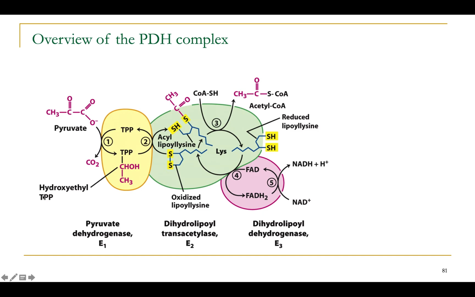And hydroxyethyl, when transferred from thiamine pyrophosphate to oxidized lipoyllysine, reduces it to its reduced state, reducing the disulfide bond and forming one of the thiol groups on one branch, while another sulfur atom forms the thioester with the acyl remnant of the pyruvate.